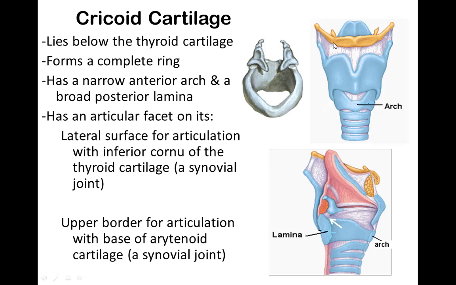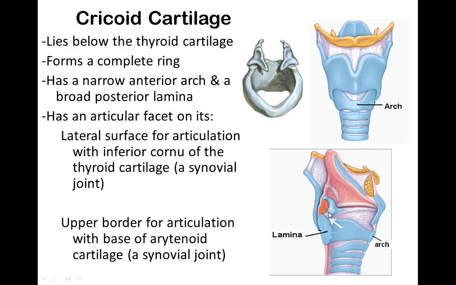The cricoid cartilage, this cartilage before the beginning of the trachea, forms a complete ring. As you can see, it has two arches, anterior arch and posterior arch. The posterior arch is broader and it forms the lamina. As you can see here, the upper border articulates with the arytenoid cartilage.